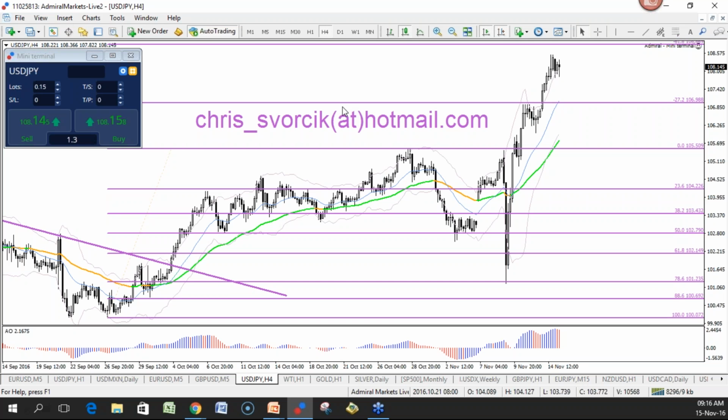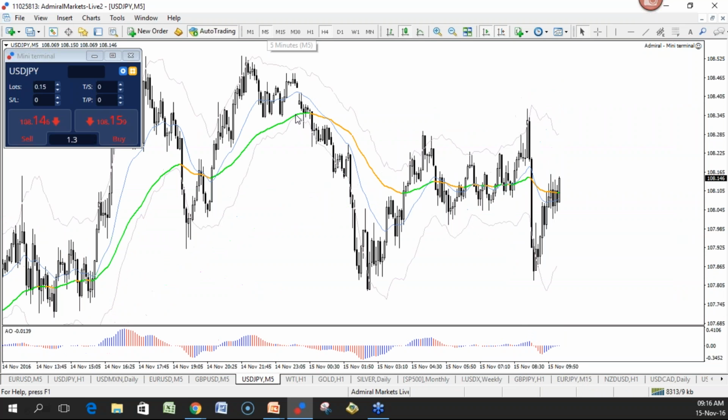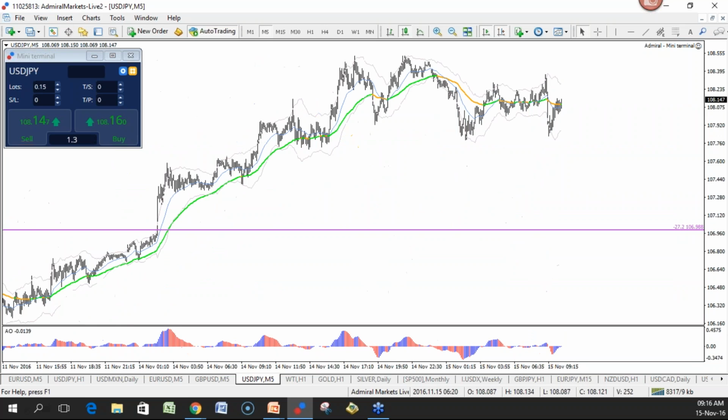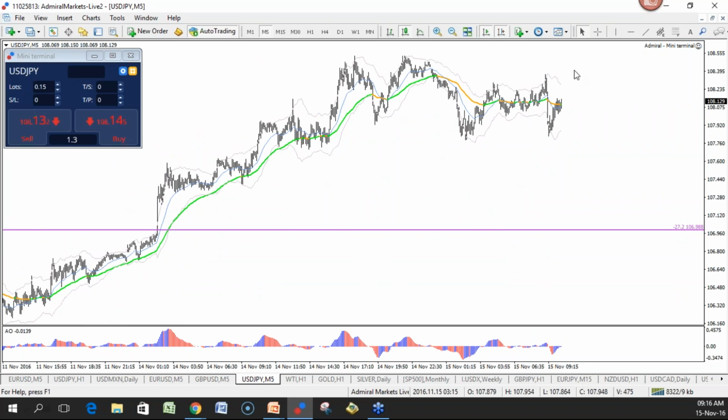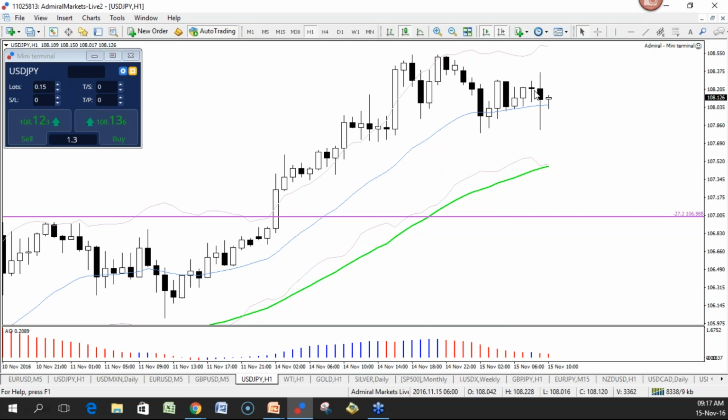Could you please have a look at New Zealand? Definitely. So we'll take a look at dollar yen first of all. What we're looking at basically is, I think, still a potential push here. I was a bit skeptical with this last push here, but it still could be part of a bigger correction. It seems to be making kind of a bull flag at the moment on the dollar yen.